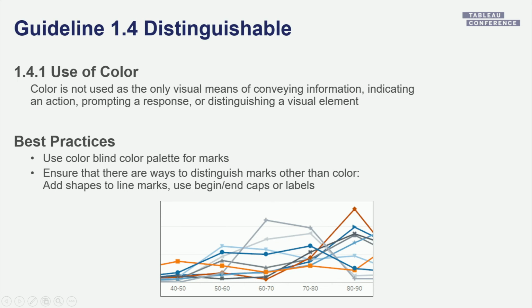In this example, we have a line chart where if you just had the color and someone were colorblind, they wouldn't necessarily be able to distinguish the elements from each other. So you have to add other things, like shapes on top of the lines, or end caps on the ends of lines, so that someone can say, oh, that's that line, I can follow it, and I don't have to use only the color. It's not just the green line, because they may not be able to perceive green. It's the line with squares, something like that.